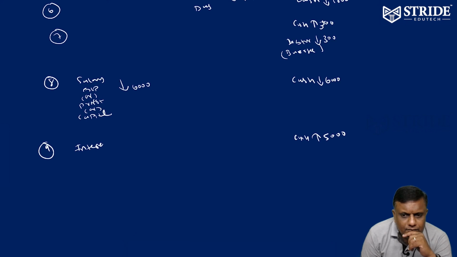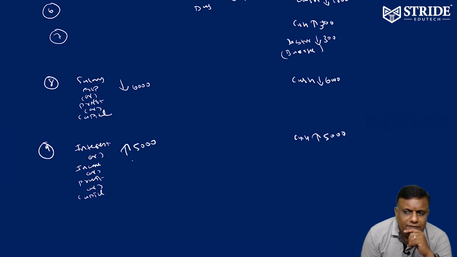Interest or income or profit or capital increases by 5000. So cash increased by 5000.